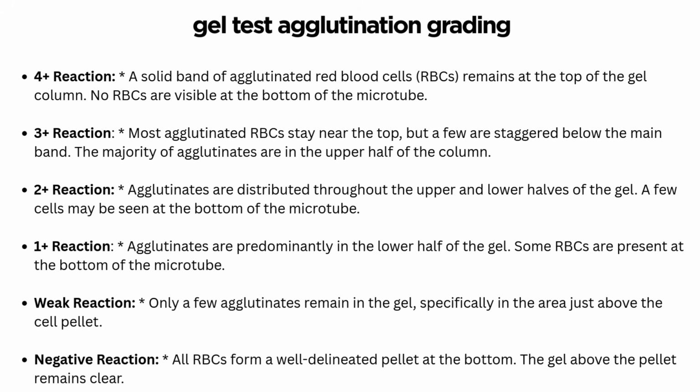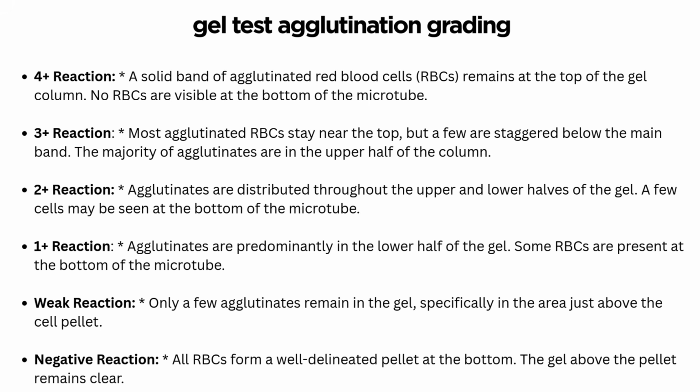And then moving on to 3 plus reaction. While most agglutinates still stay near the top, you may notice a few staggered below the main band. This implies a slightly less intense reaction, of course, as compared to a 4 plus grading.